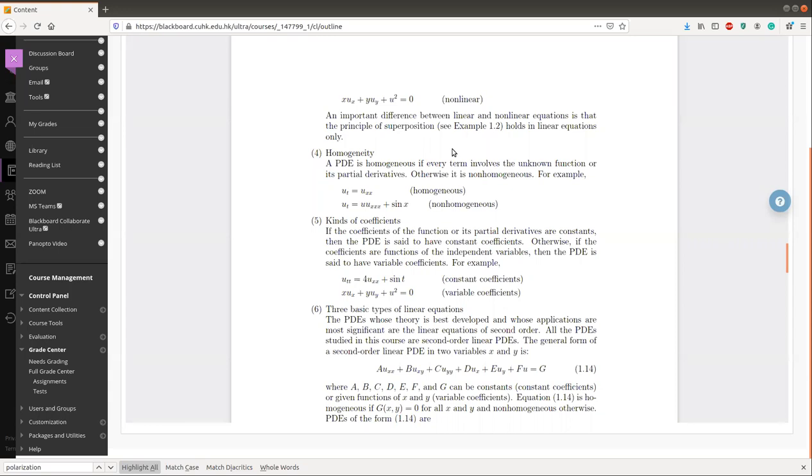But no matter whether it's 3x or 4x, they are still functions of the independent variables, which are x and y. Okay, maybe I had some misunderstanding of this note. Sorry. Never mind.